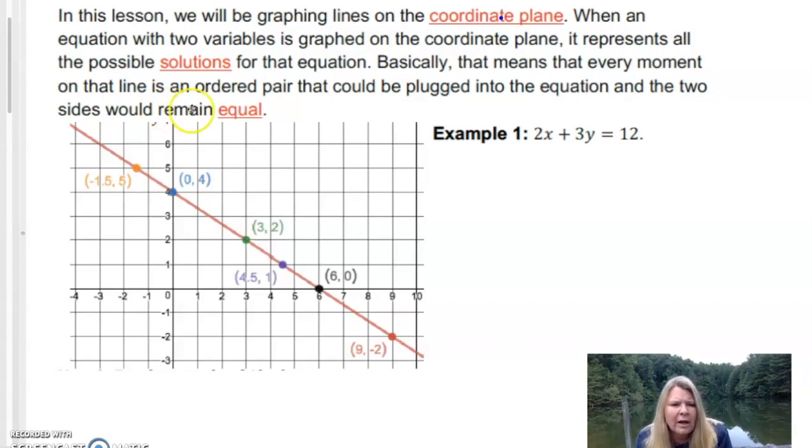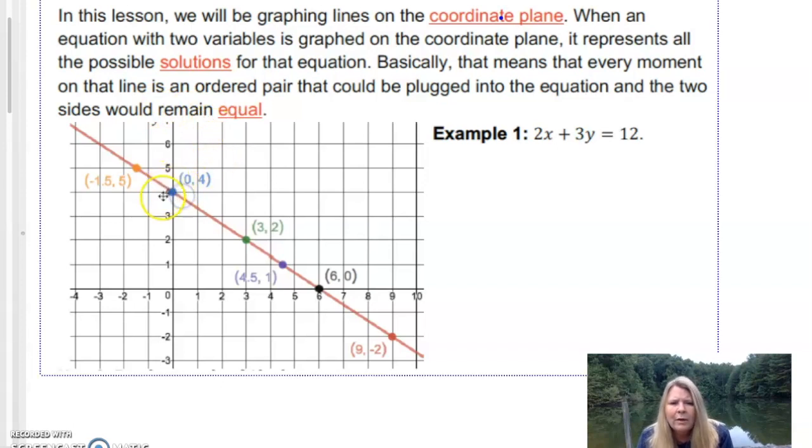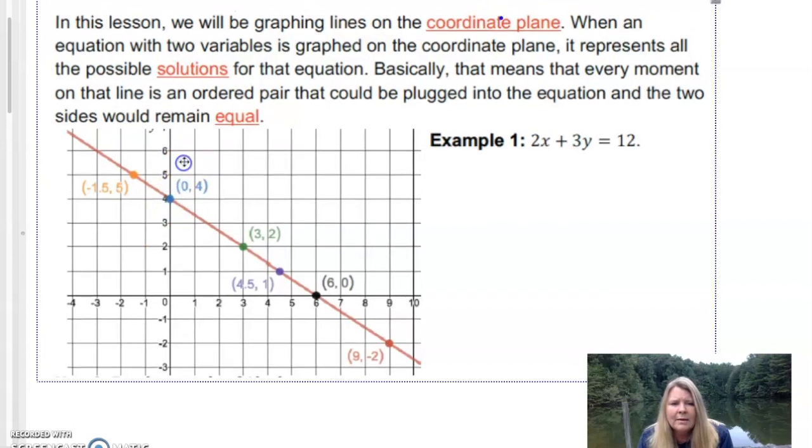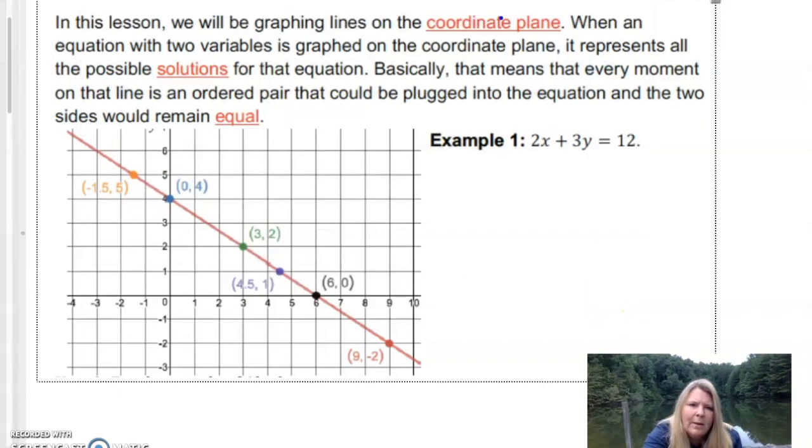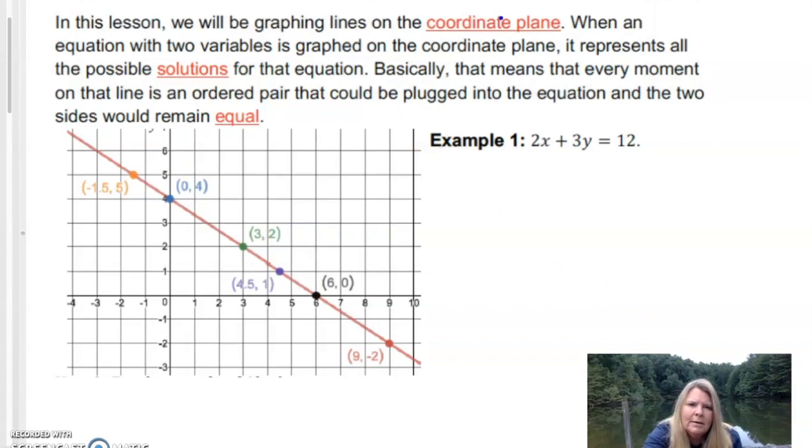So let's start over here with one that will be really easy, (0, 4). Remember, this is my x and this is my y.